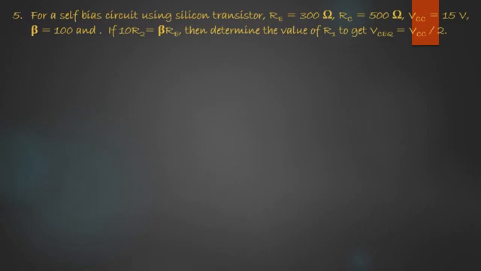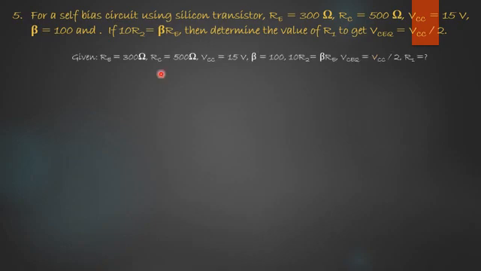Going through the fifth problem: for a self bias circuit which uses a silicon transistor, given that RE is 300 ohm, RC is 500 ohm, VCC is 15 volts, and beta is 100. If 10 R2 is equal to beta times RE, then determine the value of R1 to get a VCE which is equal to VCC by 2.